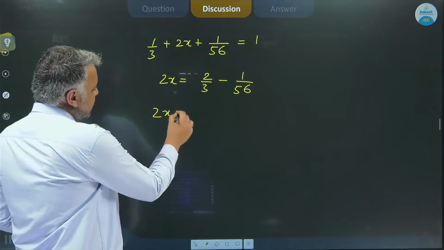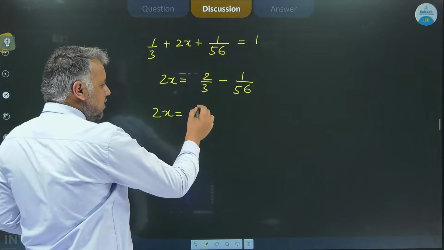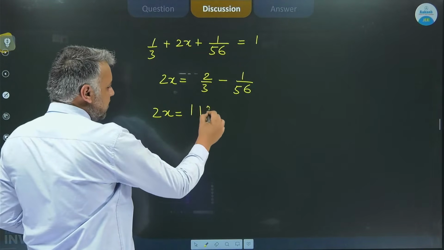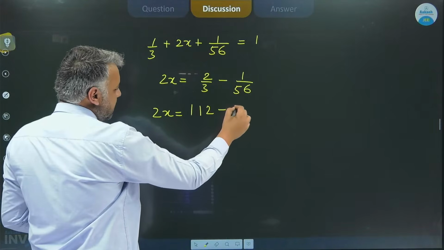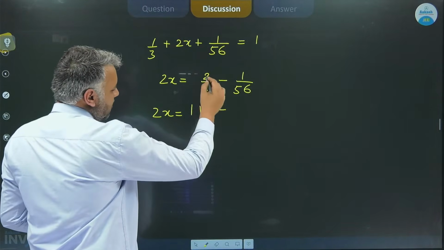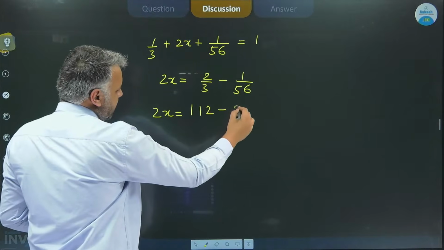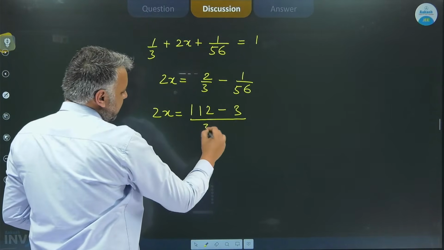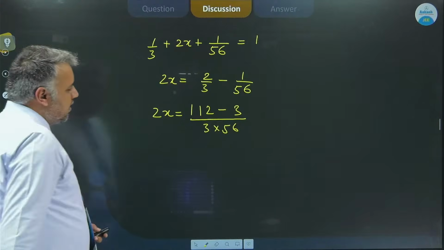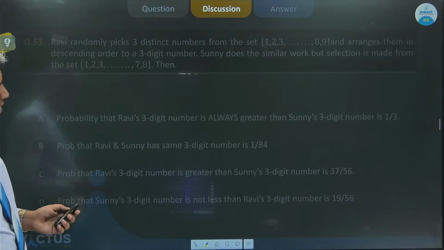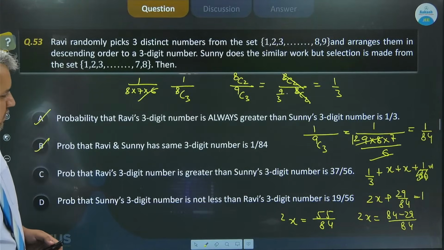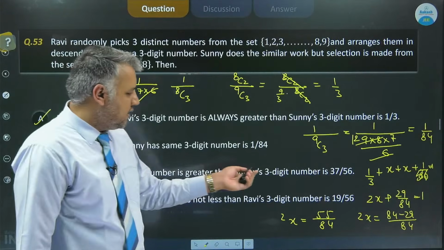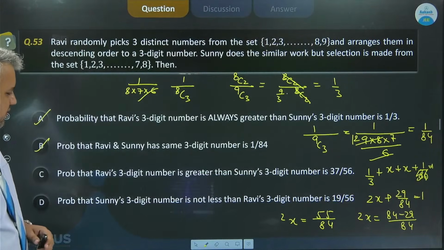So 2X is equal to, now this will be (112 minus 3) divided by (3 into 56), and we can easily calculate the value of X, and that will be 37 by 56.